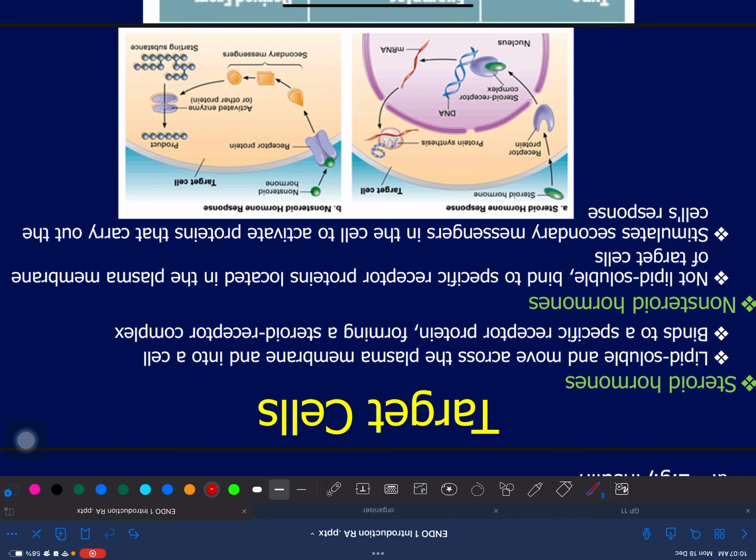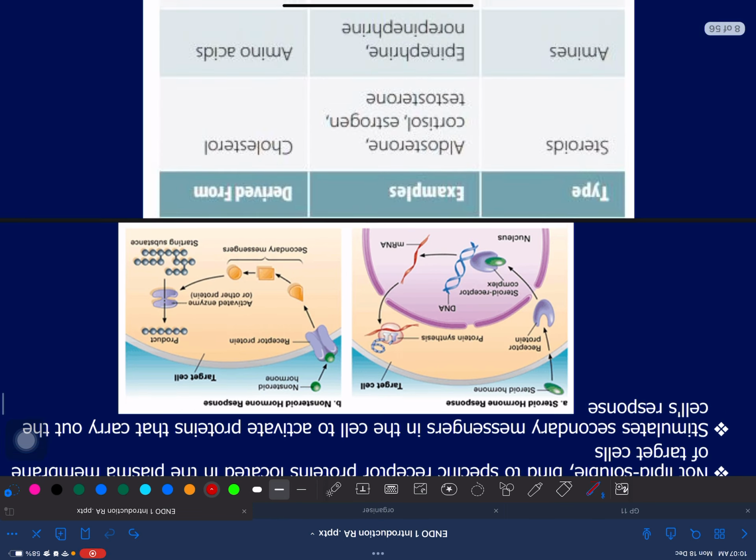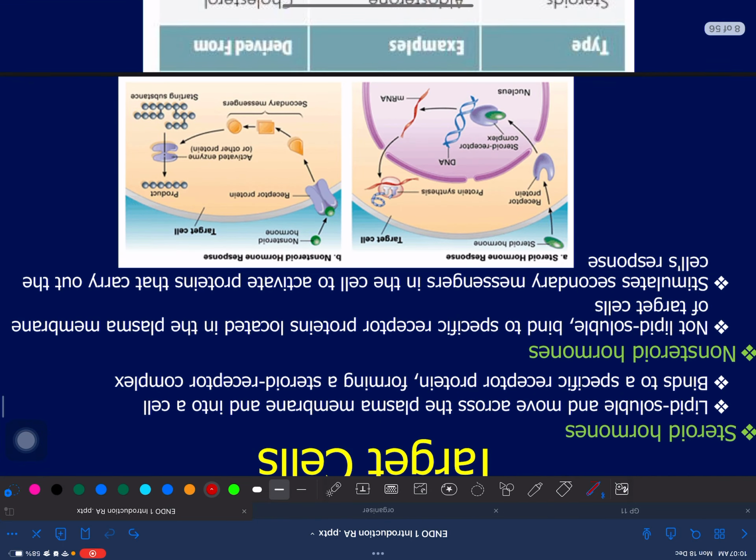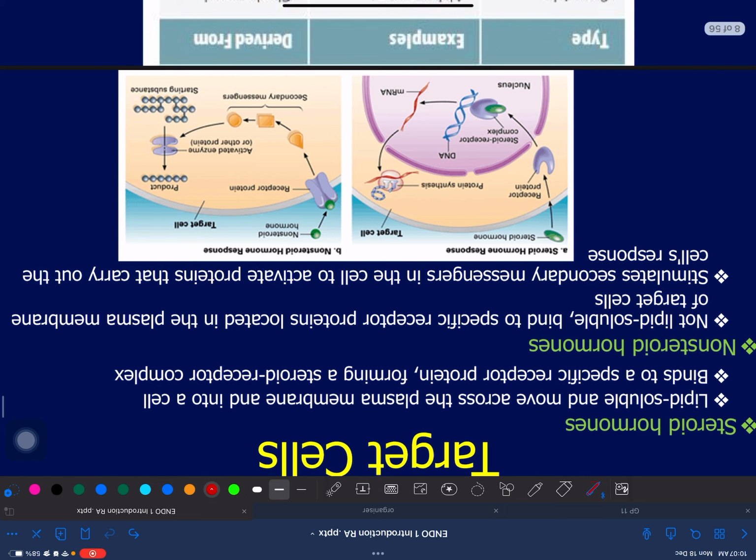These are examples of steroid hormones, and the rest are non-steroid hormones. If steroid: aldosterone, cortisol, estrogen, and testosterone. The rest are non-steroidal hormones.